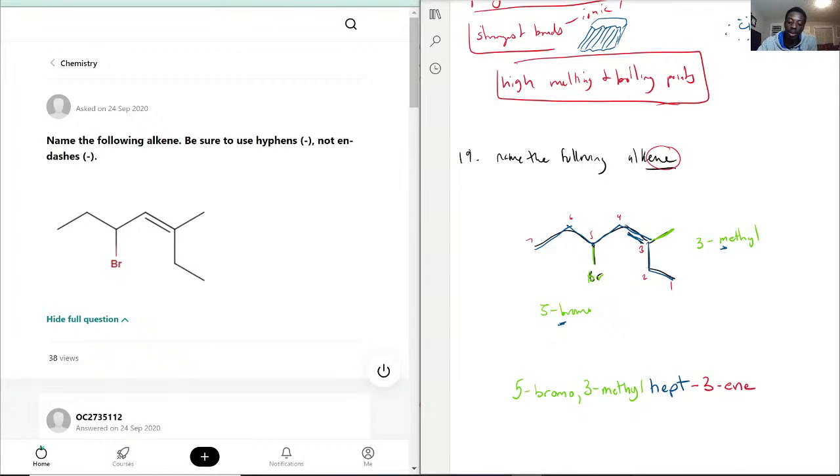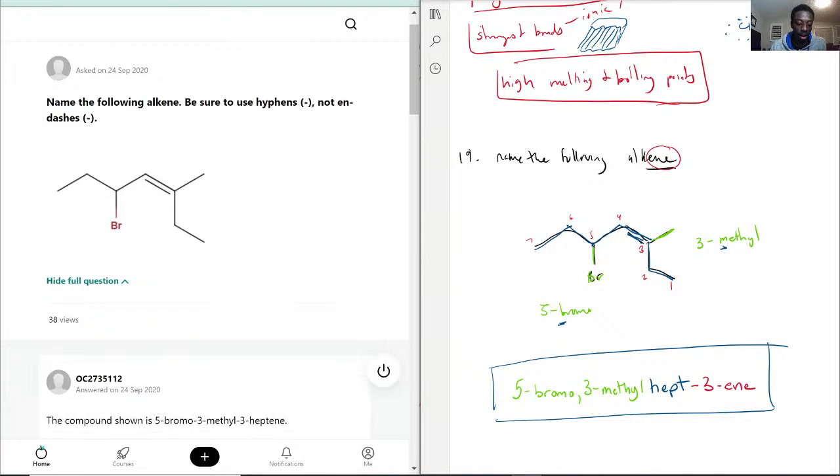Because on the 3, there's a methyl group. On the 5, there's a bromo group. But on the 3, there's both the methyl group and where the double bond is. And this right here should be the name of the alkene mentioned.